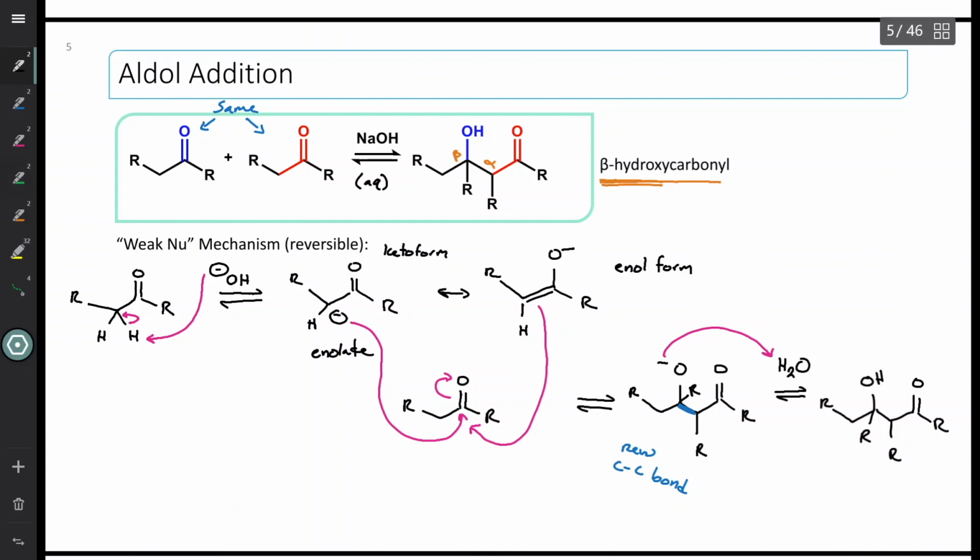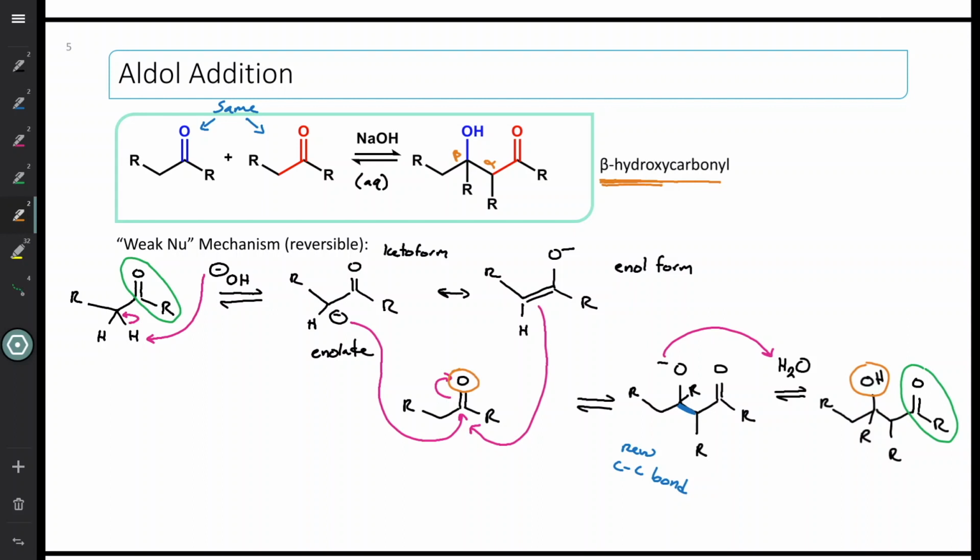Now I want you to notice that this aldehyde or ketone has not changed. It's from the nucleophile, but our alcohol here is from our electrophile, right?